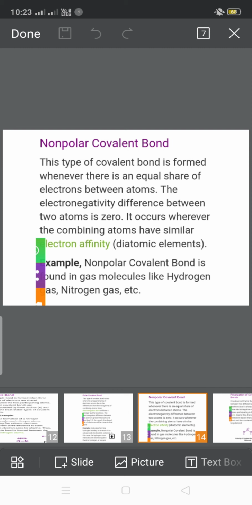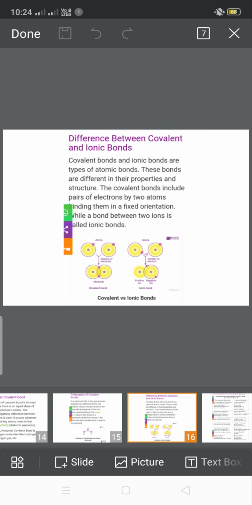Differences between covalent and ionic bonds. Covalent bonds and ionic bonds are types of atomic bonds. These bonds are different in their properties and structure. The covalent bond involves sharing of a pair of electrons by two atoms, holding them in a fixed orientation.